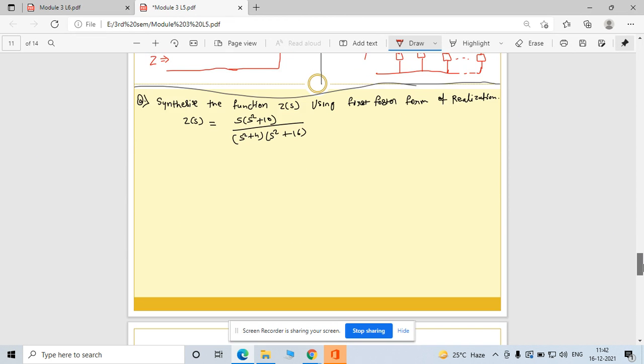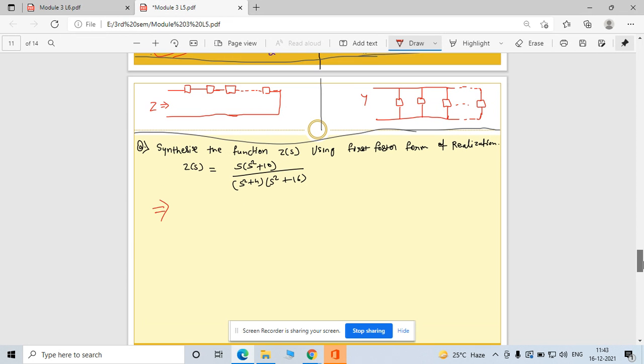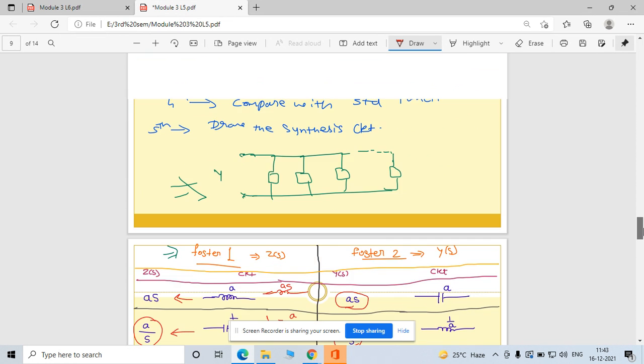Now there is one example which I take here. This is Z of s equals s square plus 2 by s square plus 4 into s square plus 16. So how to proceed in this question?